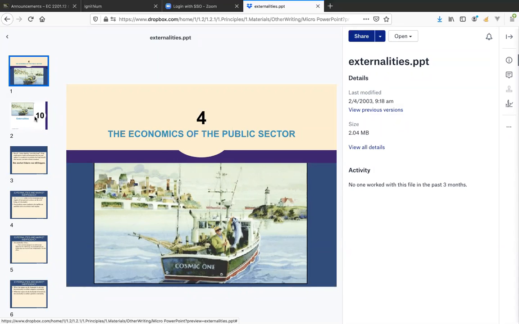And so this chapter is about things that we know the government can play some role in helping to regulate in the economy in a way that's generally beneficial.